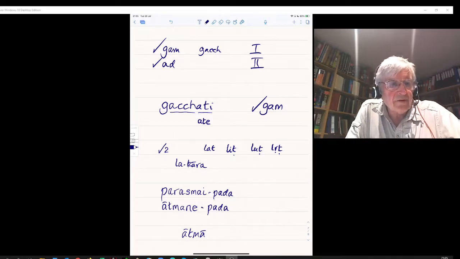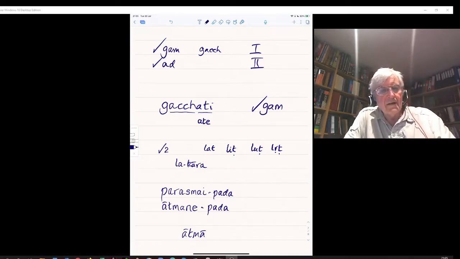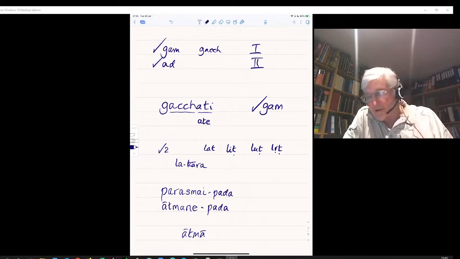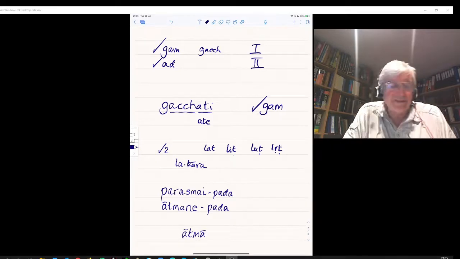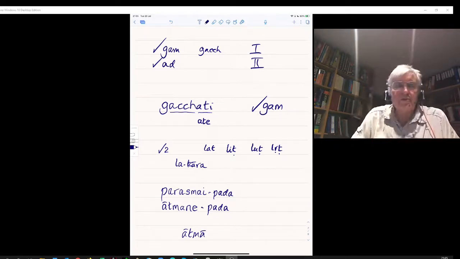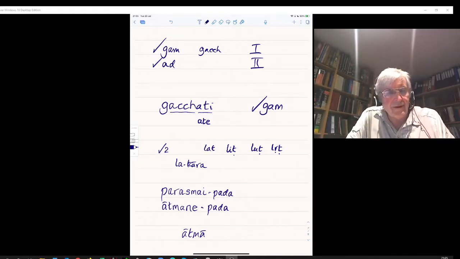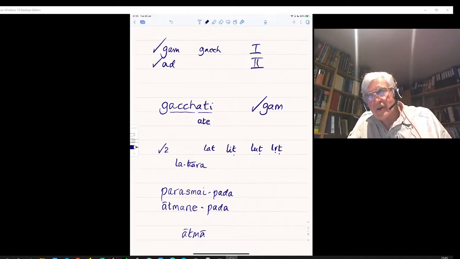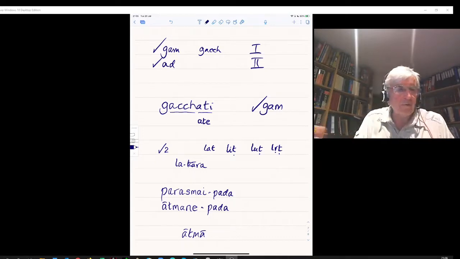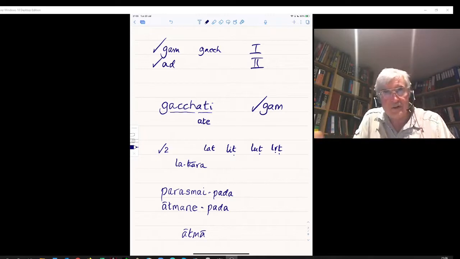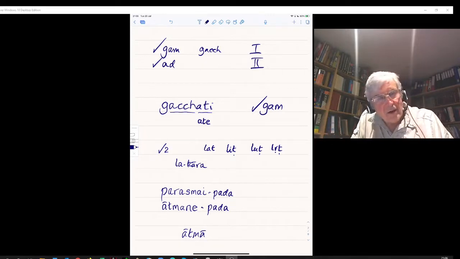And for number, there's the three numbers. They're called Vachana. Vachana looks like the word voice. In fact, it does mean voice or words, slightly confusingly, but in Sanskrit grammar, when in English and Latin and Greek grammar, when we talk about the voice, we're talking about active or passive. When they talk about the Ekavachana, Dvivachana, and Bahuvachana, the Sanskrit grammarians, and Pali as well, are referring to what we call the numbers.